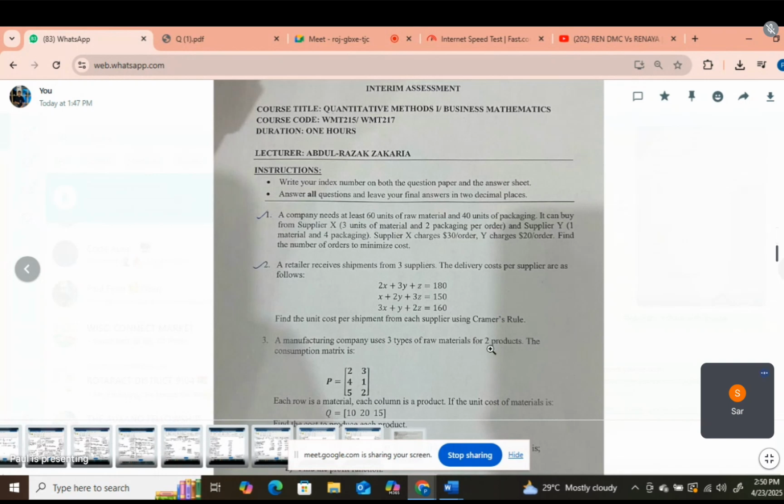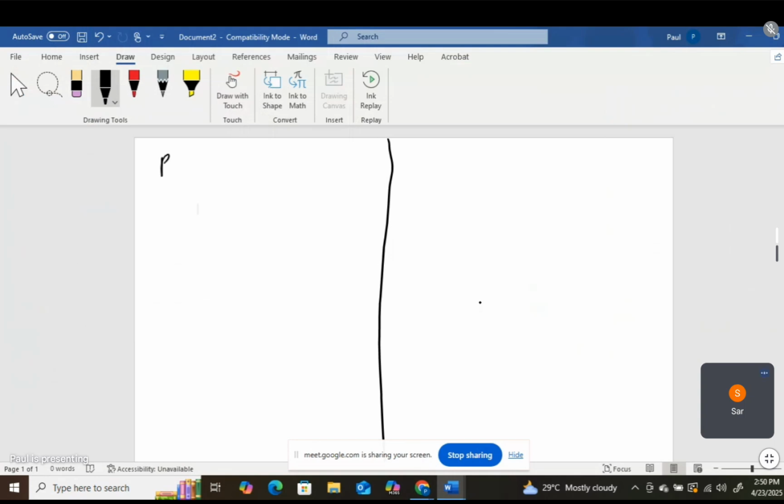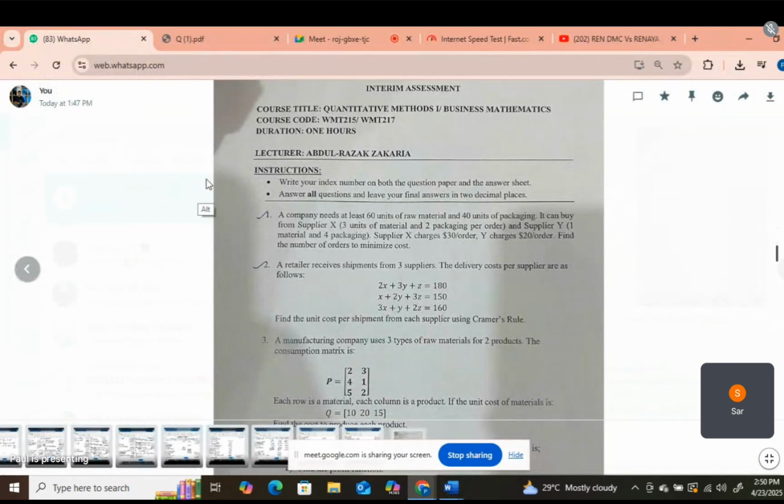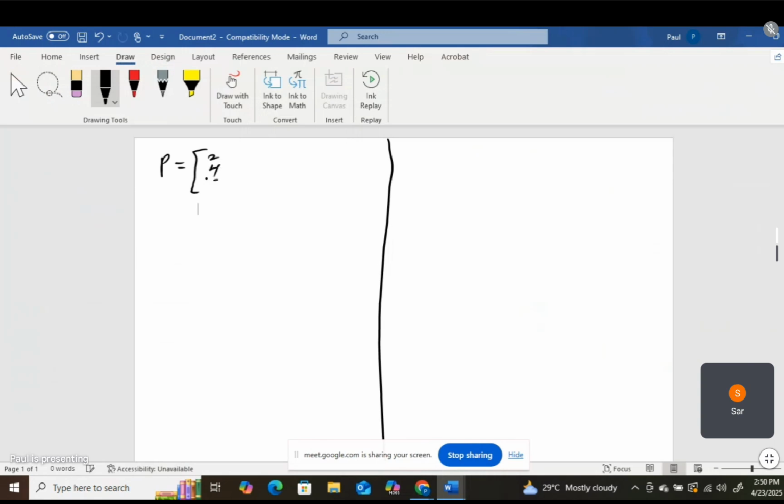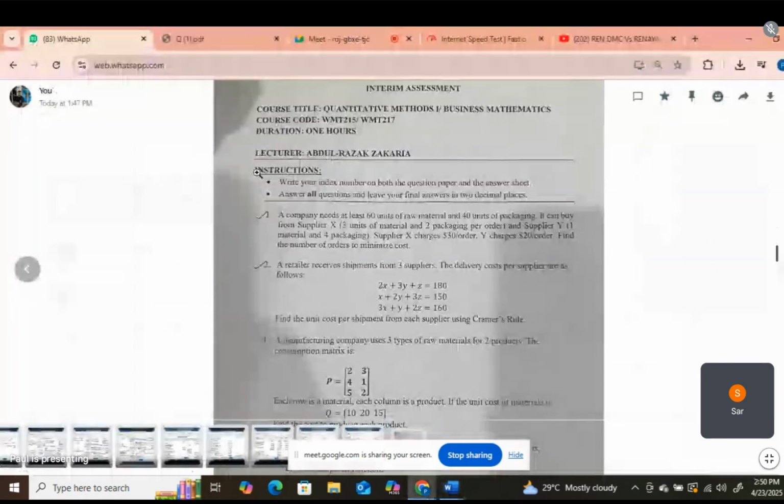The consumption matrix is P equals this. So let me write it first: P is equal to 2, 4, 5, and the other row is 3, 1, 2. It says that each row is a material, each column is a product.